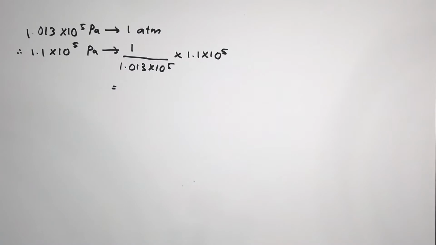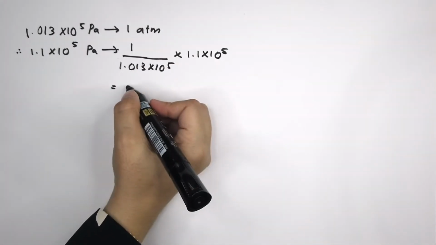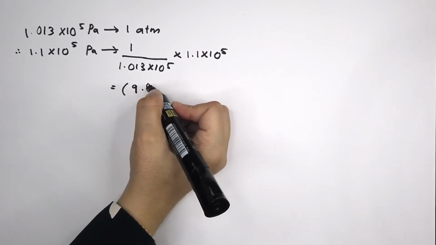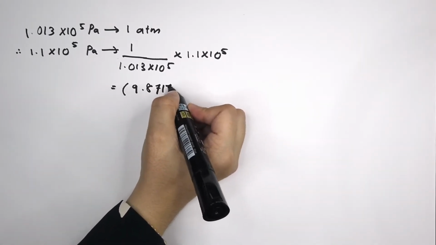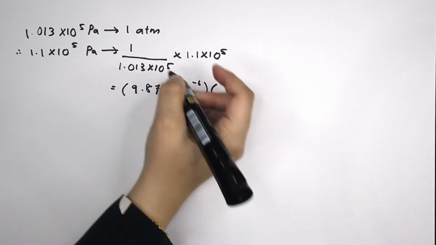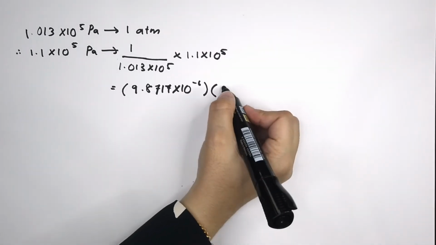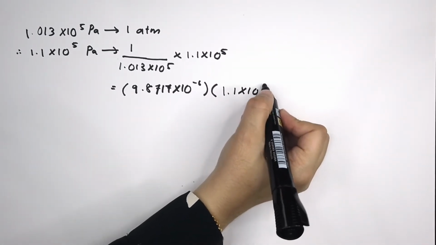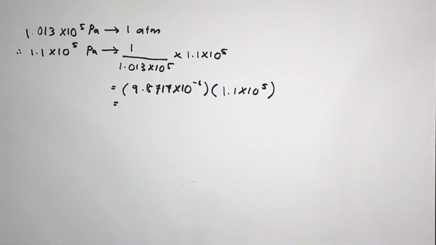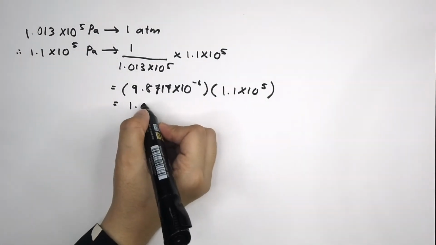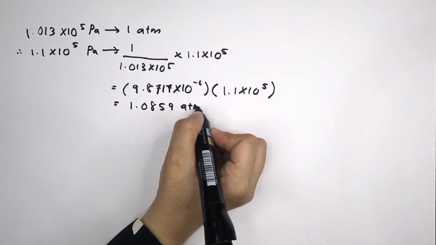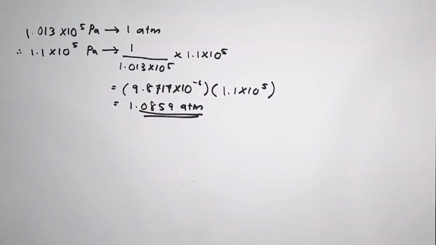I'm going to divide this one first, so you should get 9.8717 times 10 to the power of negative 6, times 1.1 times 10 to the power of 5. Therefore, the pressure is equivalent to 1.0859 atm. Okay, that's the first one.